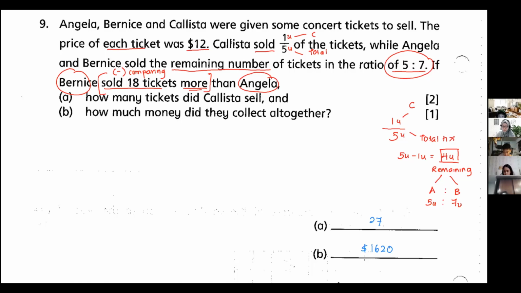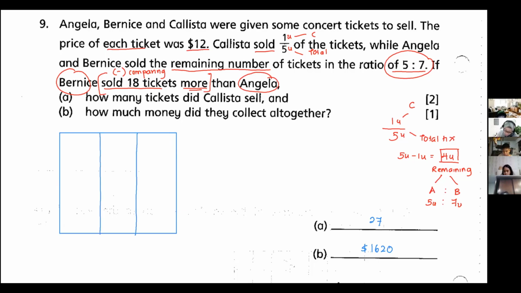You draw out the box. We divide it into 3 columns because there are three girls: Angela, Bernice, and Callista.